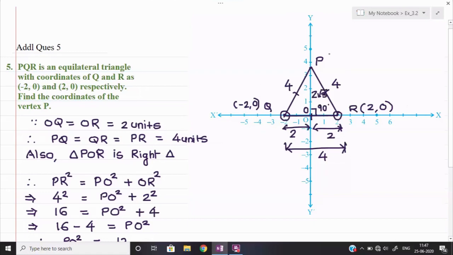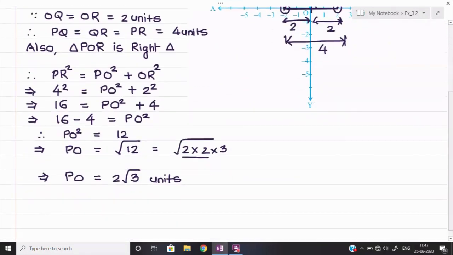And what about the x coordinate? Since P lies on the y-axis, its x coordinate will be 0 and the y coordinate, meaning the vertical length, is 2 under root of 3. So that we will mention in the answer.